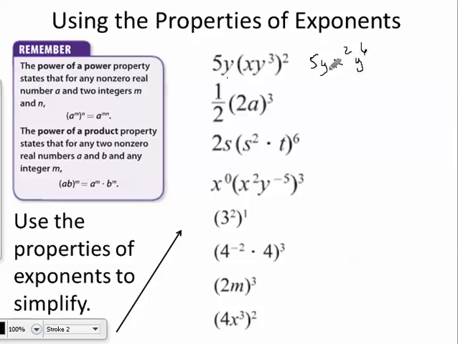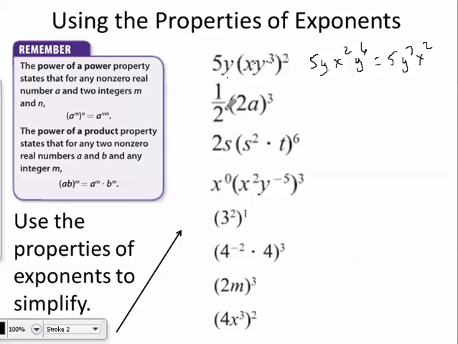Well, since these are going to be multiplied together, it's going to be 5y to the seventh x squared. I'm simply taking this exponent and making certain it applies to both of the terms that are in here. So the x squared goes on the x squared times the 3 gave me 6, and I added the 6 and the 1 and got 7.